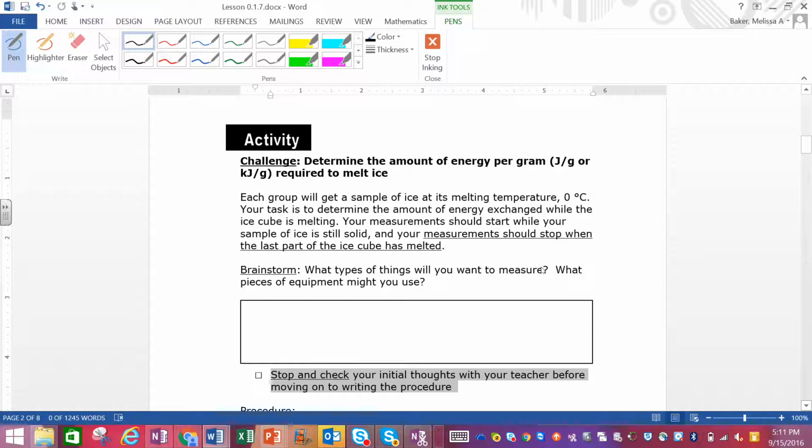So everyone in class is going to get an ice cube that's at 0 degrees Celsius, and you need to figure out how you're going to measure some different things and ultimately calculate this energy required to melt the ice cube.